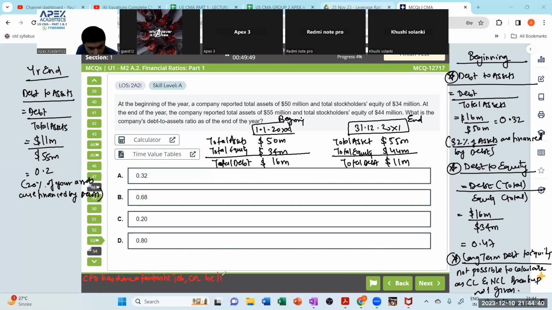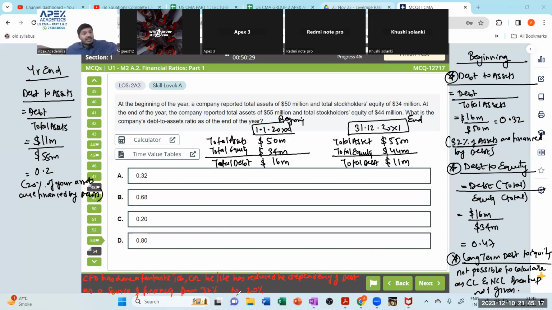Because he or she has reduced the dependency of debt as a source of financing from 32% to 20%. At the beginning of the year, 32% of your business was controlled by borrowed money. At the end of the year, only 20% is controlled.